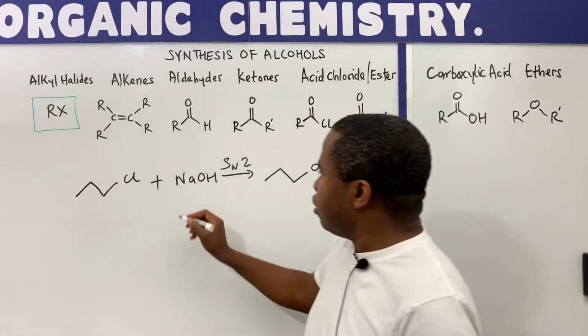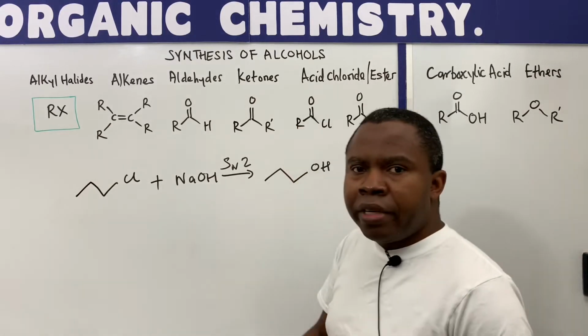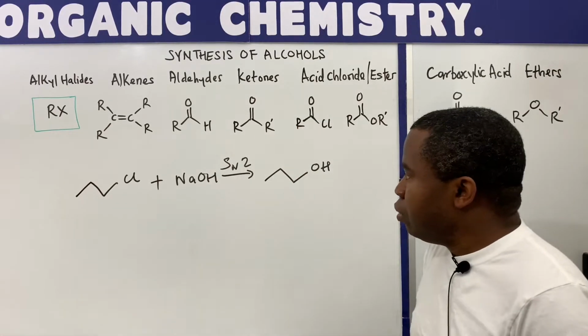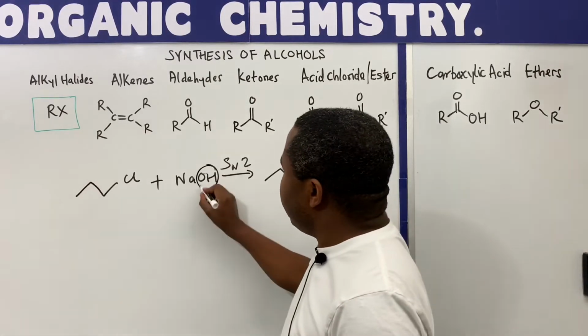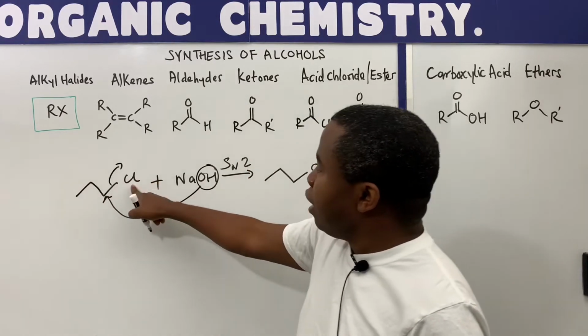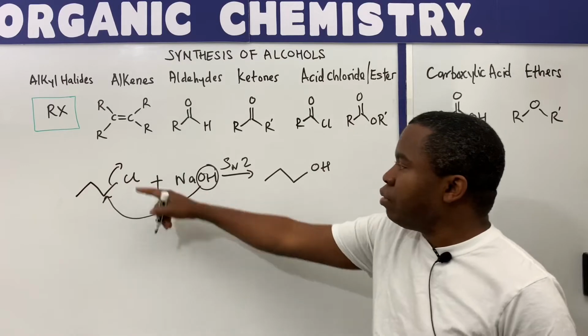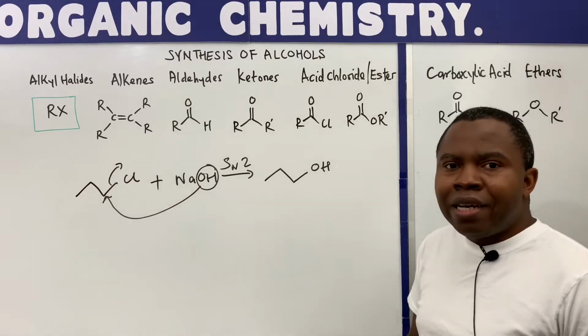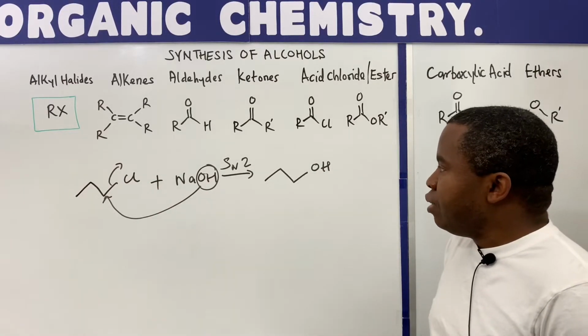And this reaction is a concerted reaction. That is why it is SN2. The attack of the nucleophile and the leaving of the leaving group, the halogen in this case, the chloride in this case, happen at the same time. And that is why it is SN2.